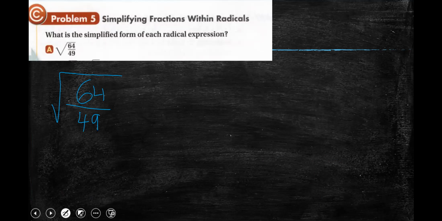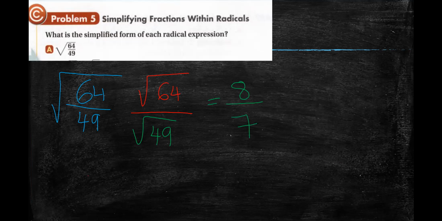So let's now distribute the square root, one on the numerator and one on the denominator. Then, what is the square root of 64? 8. And what is the square root of 49? 7.